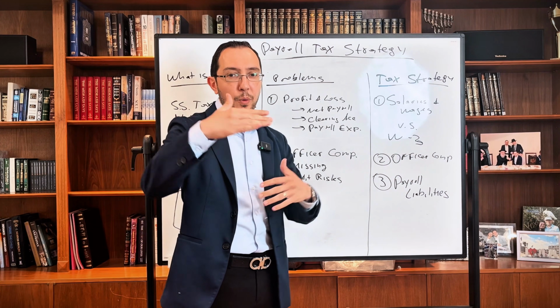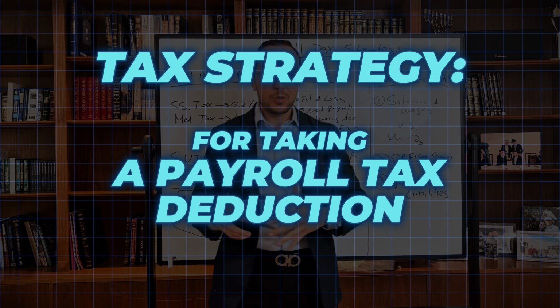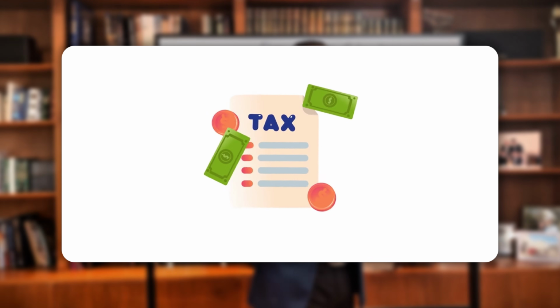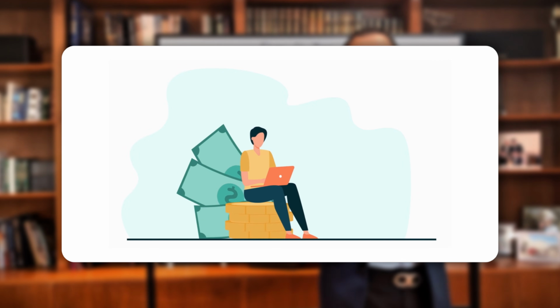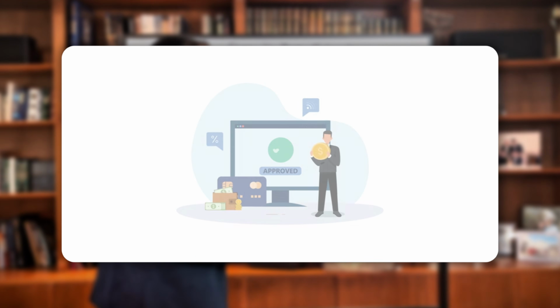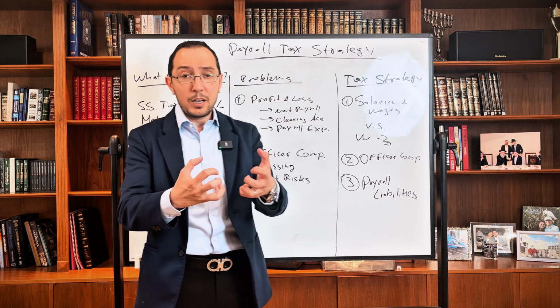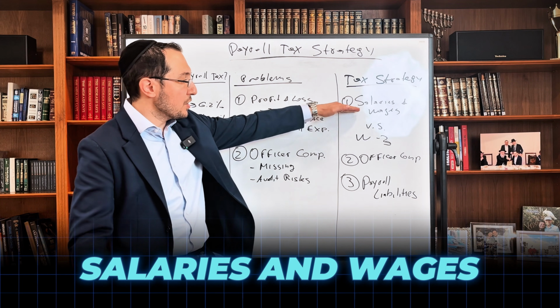All right, cool. Welcome back. Now let's talk about a tax strategy for taking a payroll tax deduction. First and foremost, when you're doing your taxes as a business owner, you always want to make sure you provide your accountant or whoever's doing your taxes with what's called a payroll report from your payroll company. And from that payroll report, they're going to extract salaries and wages.